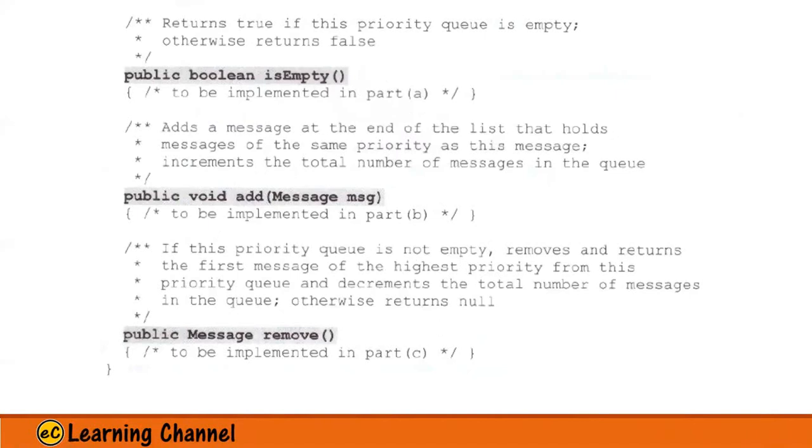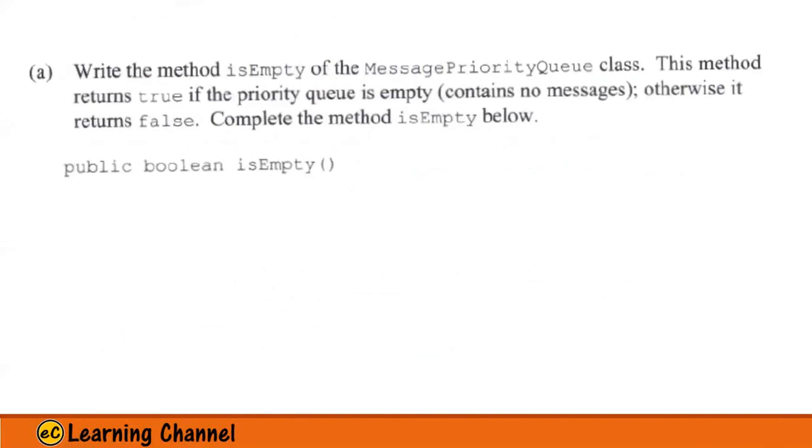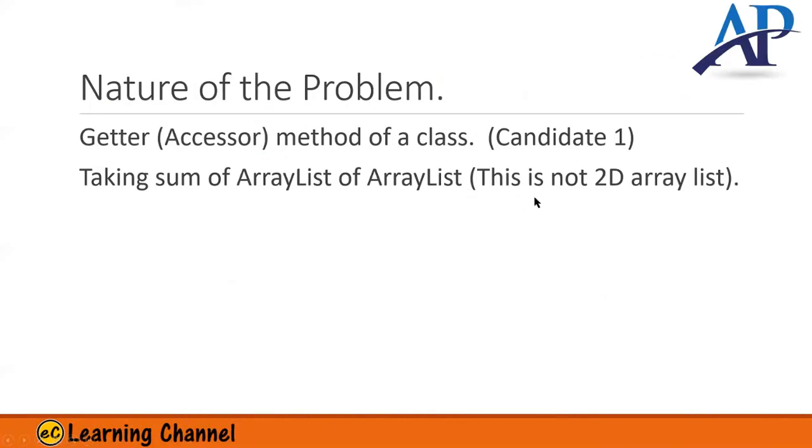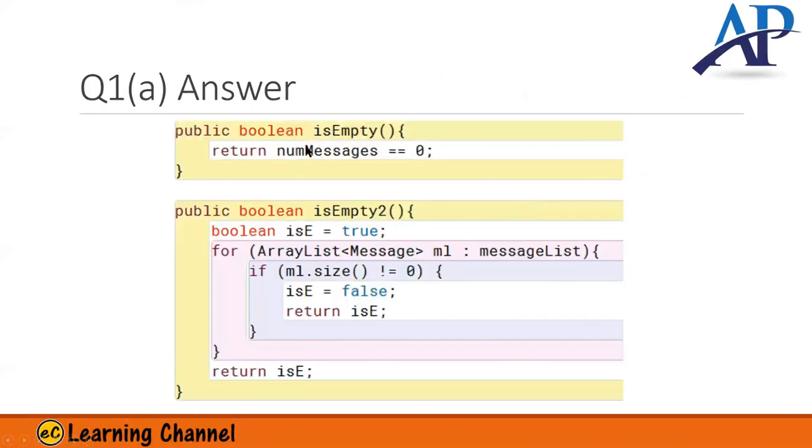Now part A. Part A is checking whether the priority queue is actually empty or not. So it's quite simple. You just get your number of messages. If that is equal to 0, then you're fine. So basically it's empty. You just check the number of messages. Second, if you don't like it, you can traverse through the whole ArrayList of ArrayList.